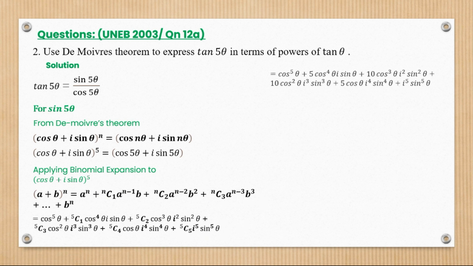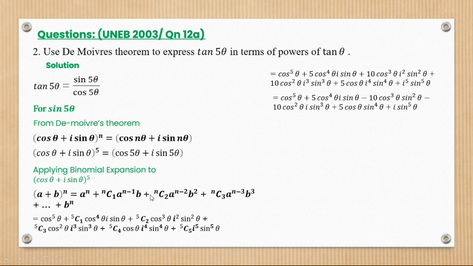So now substituting in the coefficients for power 5, we know the coefficients are 1, 5, 10, 10, 5, 1. You can actually use your calculator to expand this. It would also help, but this is how we use Pascal's triangle. Next we're going to collect the real parts, and then the imaginary parts.